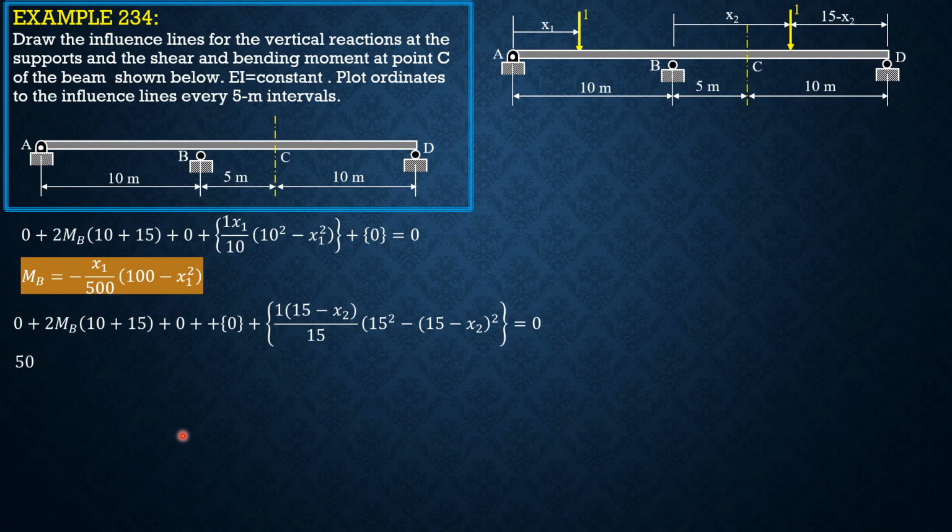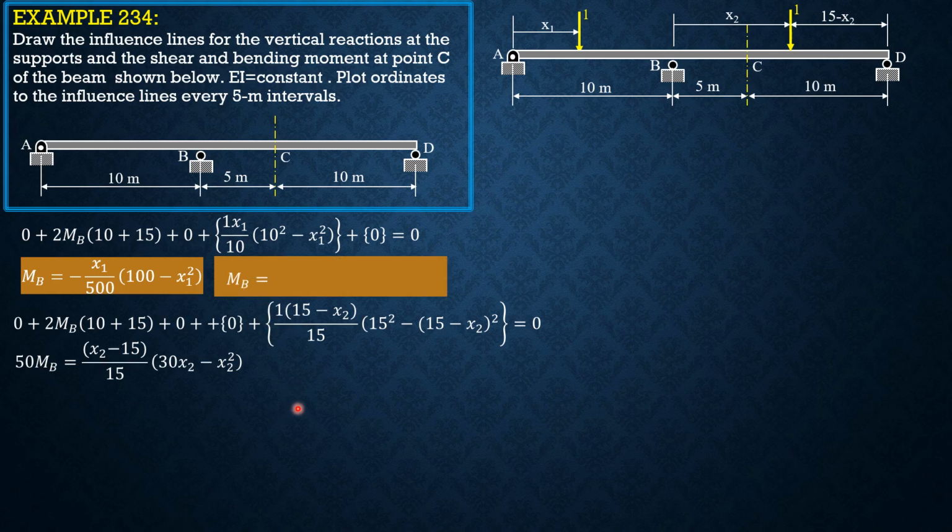Simplifying this expression, 50 MB equals x2 minus 15 over 15, quantity 30 x2 minus x2 square. If you simplify this portion, cancel 15 square. Divide everything by 50, so MB in terms of x2 is x2 minus 15 over 750, quantity 30 x2 minus x2 square.